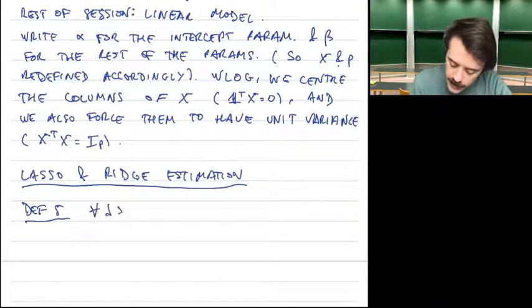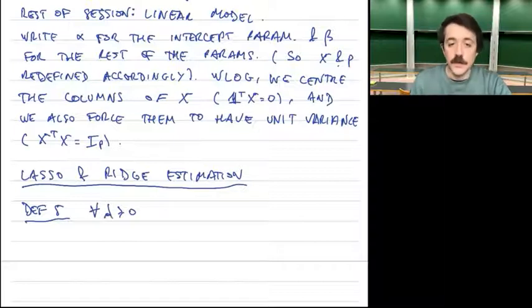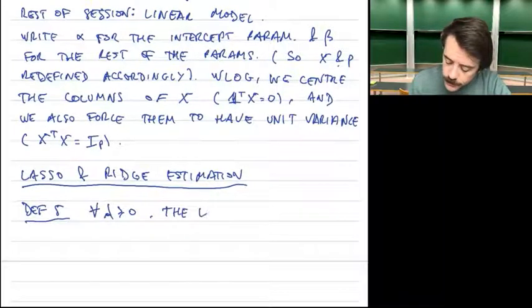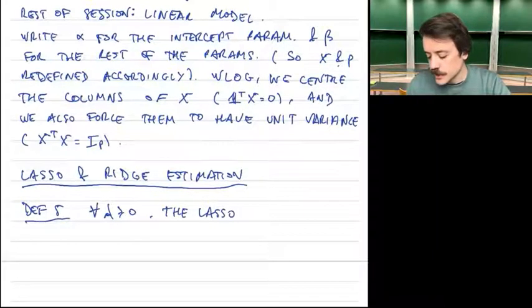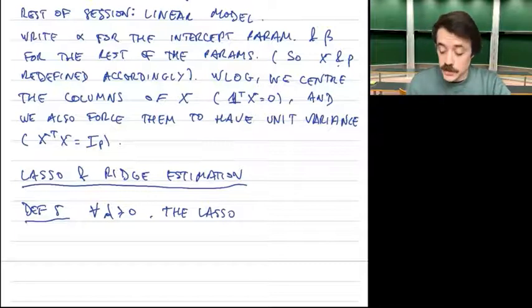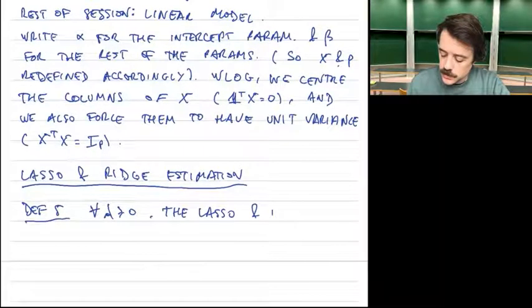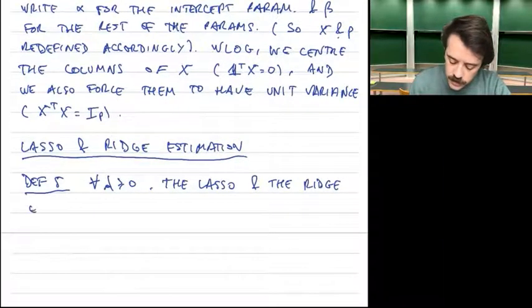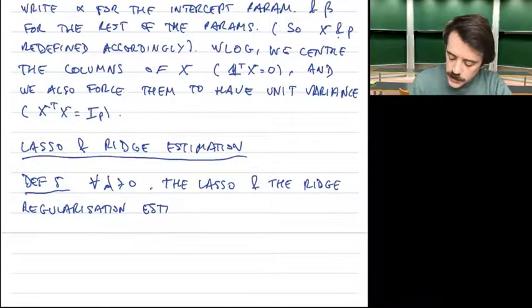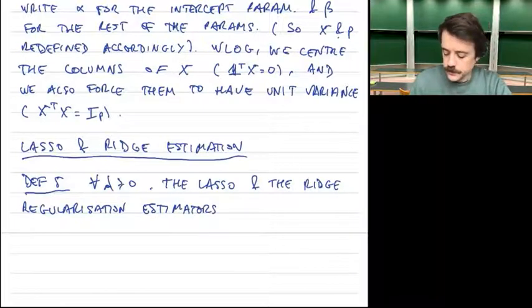For all lambda greater than or equal to 0, the lasso, and this LASSO is actually an acronym for least absolute shrinkage and selection operator, so this will be written out in the notes, and the ridge regularization estimators are given by the following.